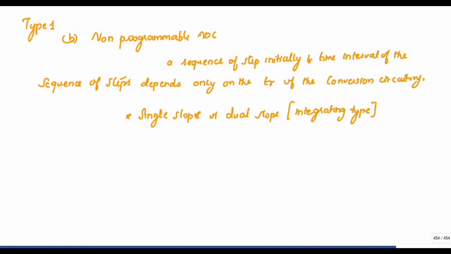Next, let me go for the type 2. Here also it is categorized into two types. The first one is closed loop. The closed loop is called the feedback type ADC.